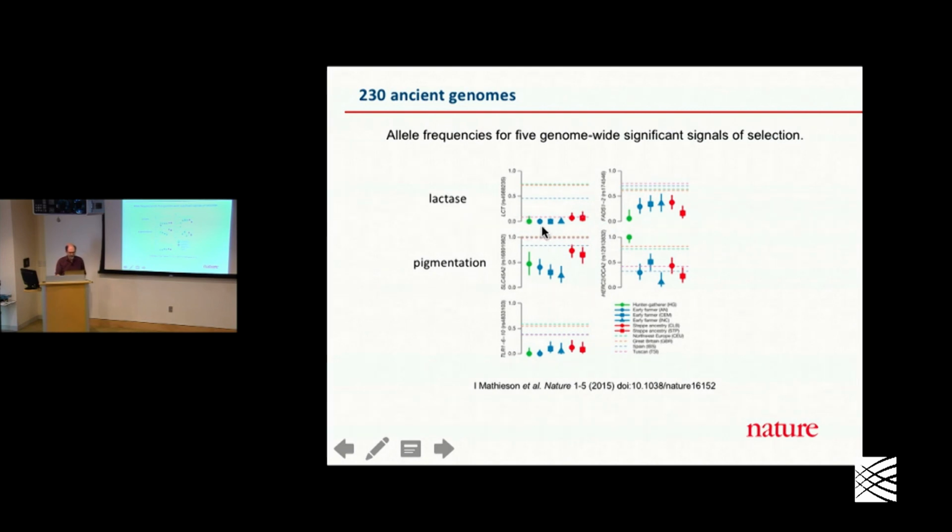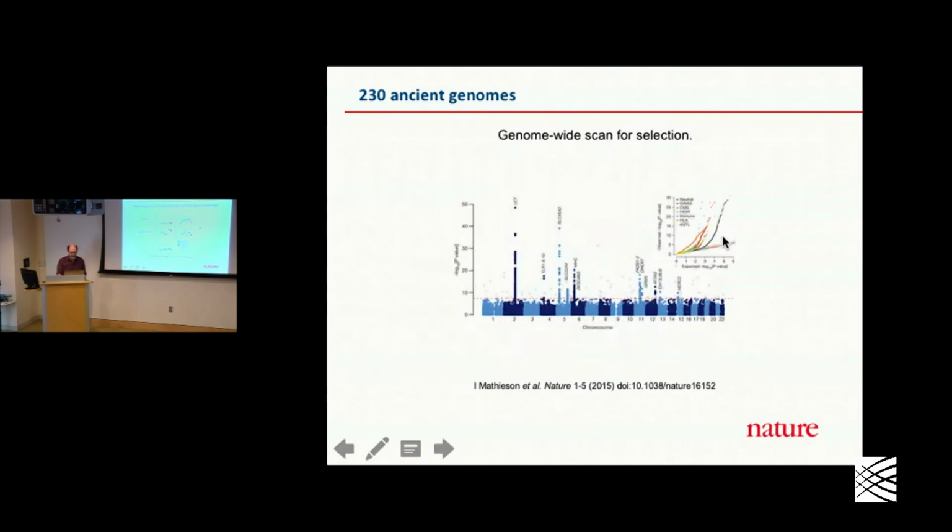The hunter-gatherers in green, some early farmers in blue, and some steppe populations, Asian steppe populations, in red. Just looking at the frequency of these alleles. One thing you can notice just from the lactase mutation is that it is basically absent in all of these early groups. It was actually a very late mutation that rose very rapidly, fairly late in European history.